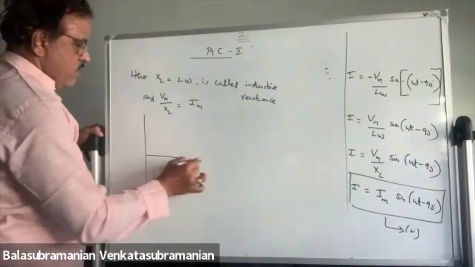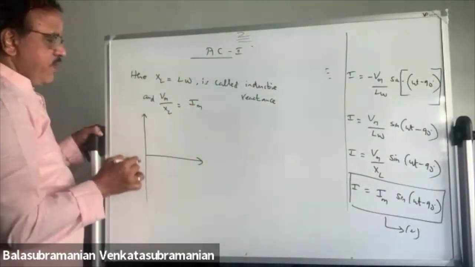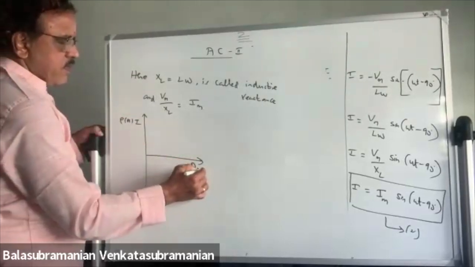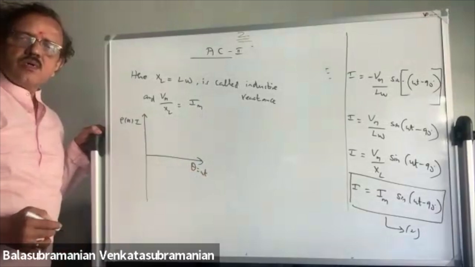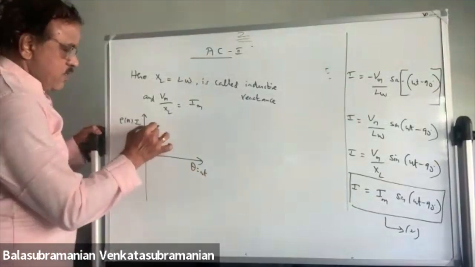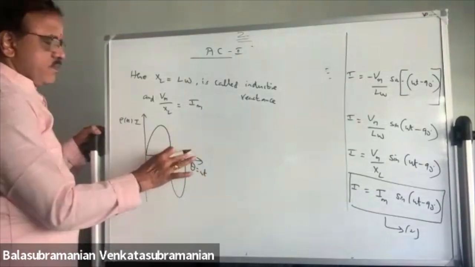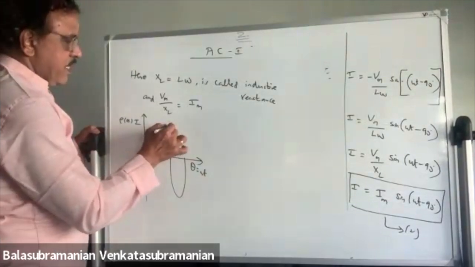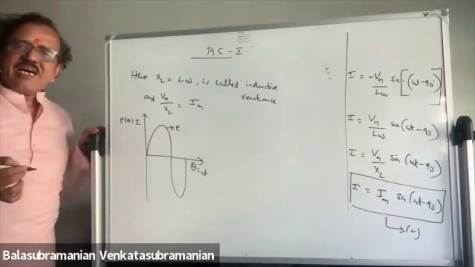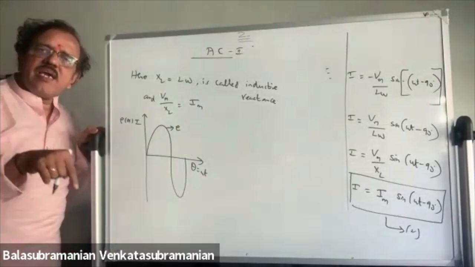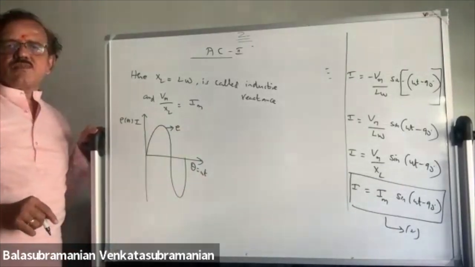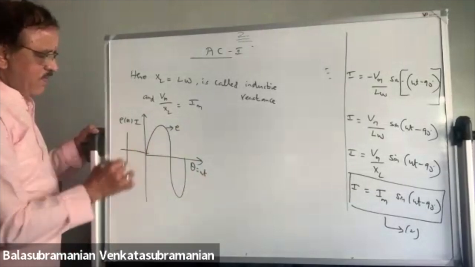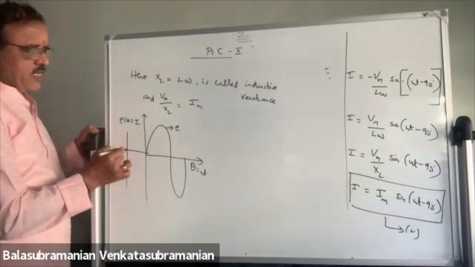So when you draw the graph between voltage and current, this is the voltage E. Current is lagging behind the voltage, so you have to start with a negative value. Here you have to start.